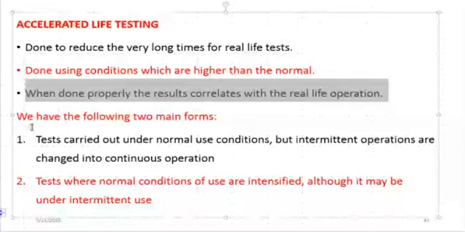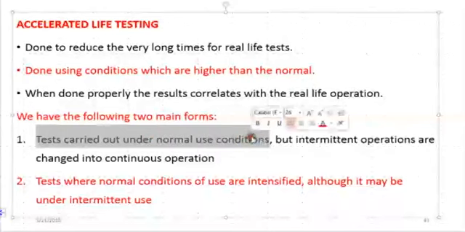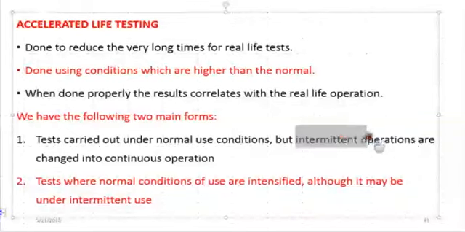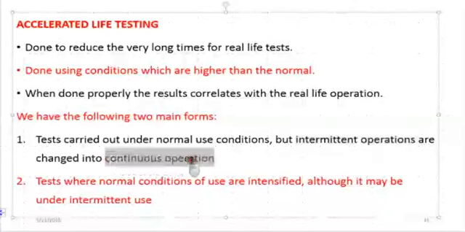And we have two types of this accelerated life test. Number one is a test which is carried out under normal conditions, meaning your voltages, your current, your temperature, everything within their normal region. But if the device is expected to operate intermittently, that is, it will work for a very short time, stop, work for another short time, stop, now you subject it to continuous operation.